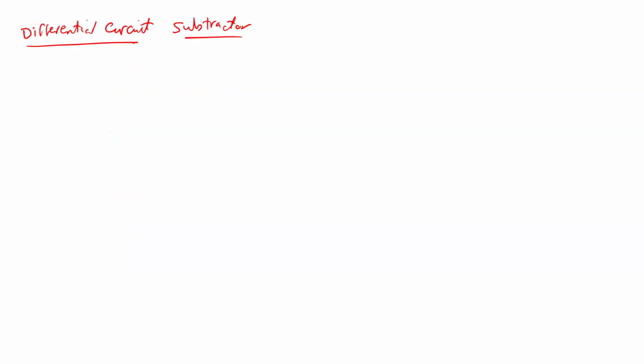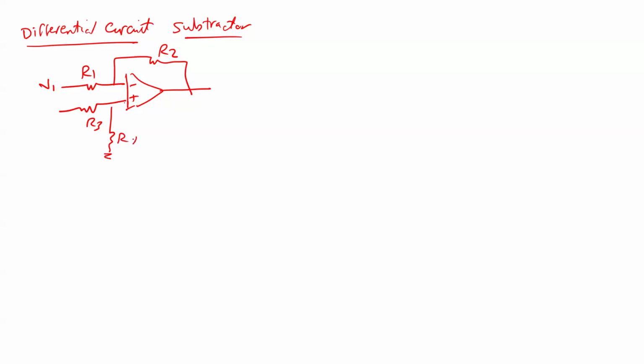But anyway, in this subtractor circuit, we have here V1, we have here R1, we have here R2, and then in the positive side, we have R3, we have R4, and then here I'm going to input V2.